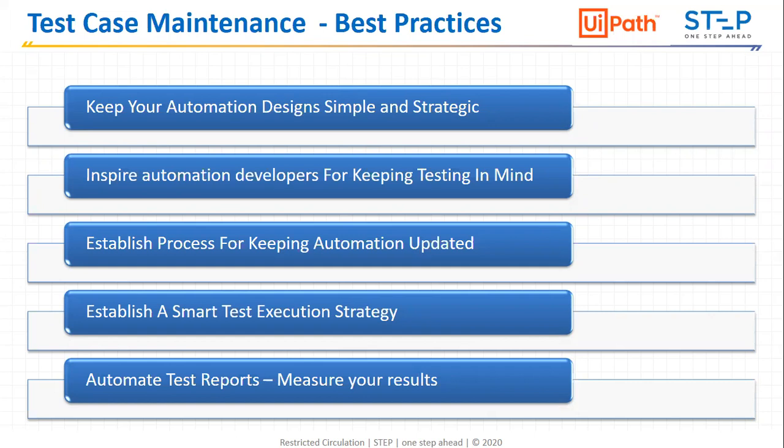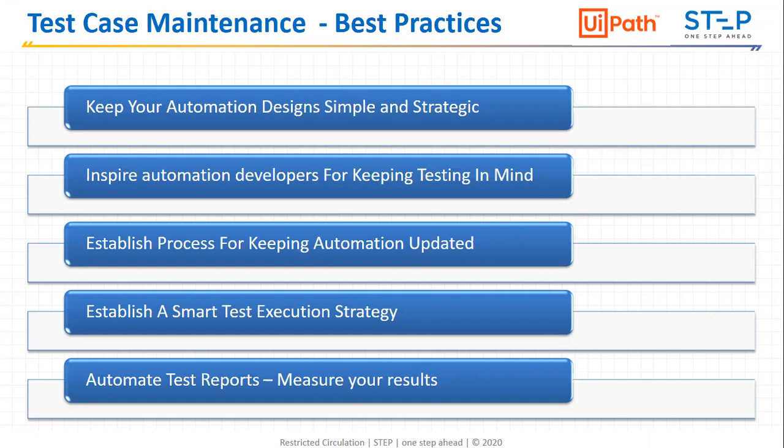Next one is establish a smart test execution strategy. We have seen in the second session or second module that test execution strategy is very important. Automation execution strategy and test execution strategy should be established in parallel.